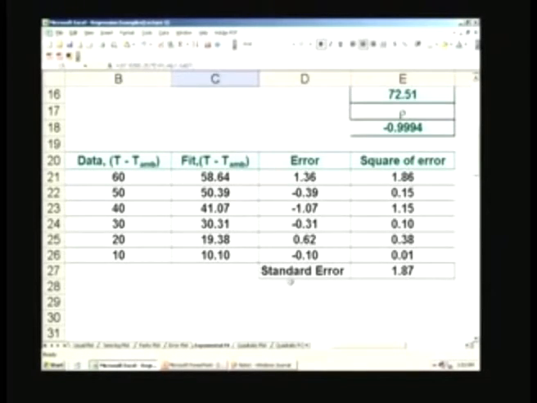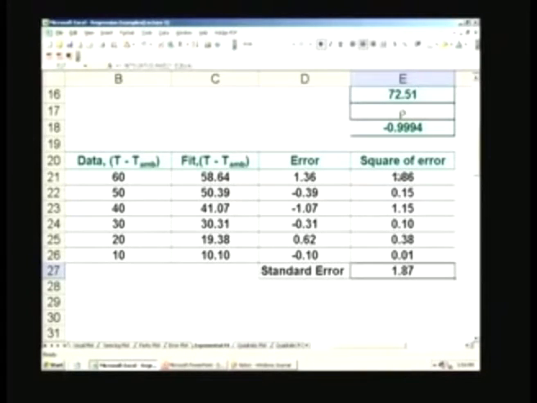These are the errors, and then the square of the error is given here, and then you find out the standard error. I am taking 1.96 for 95% confidence level, times the square root of the sum of, this sum is actually a function available in the calculation, and I will just explain how it is done.